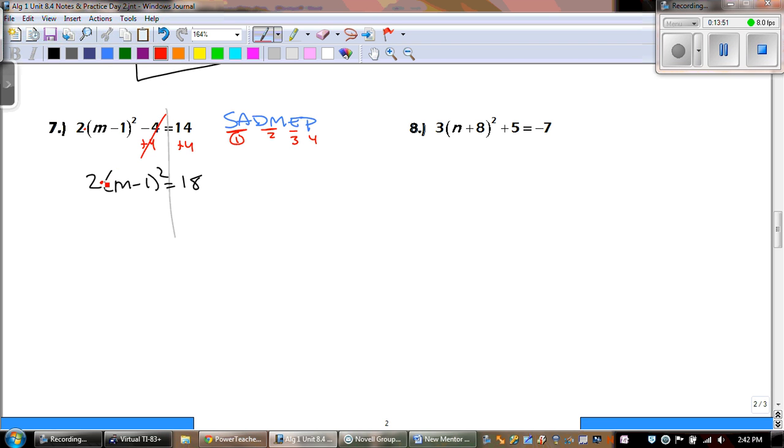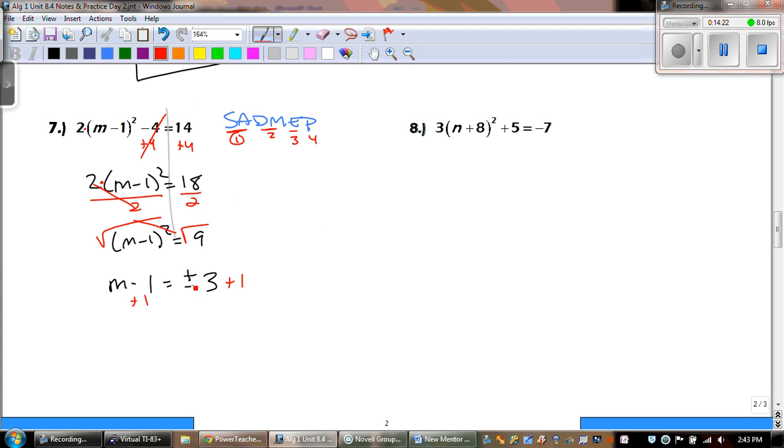Okay, so now we have that 2 is multiplying. To get rid of multiplication, we divide. And now that I've gotten rid of the multiplication, I have to get rid of my square by doing the square root. Sorry about that, guys. And remember, the square root of 9 is plus or minus 3.